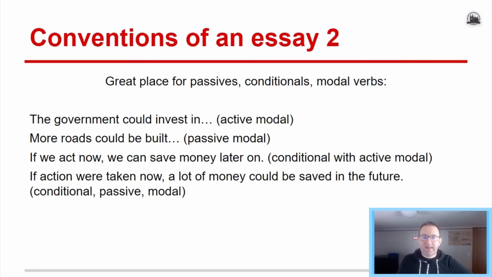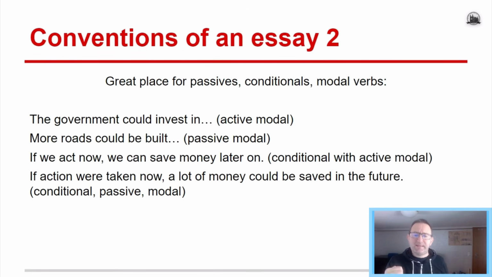More conventions of an essay. This is a great place for your advanced grammar, your passives, conditionals, your modal verbs. Some examples. "The government could invest," that's an active sentence with a modal. "More roads could be built," passive, modal.